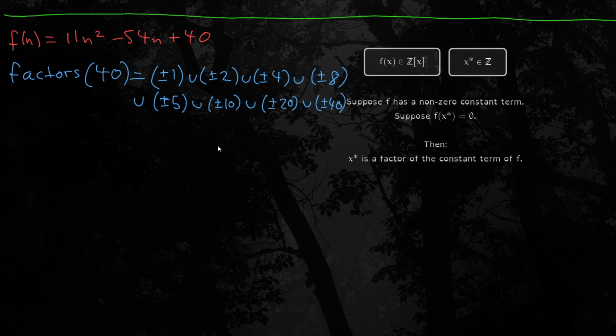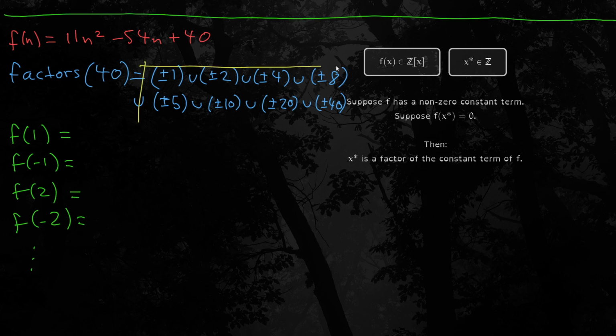And so if this f we're looking at has an integer root, it has to be one of these, right? So in principle, we could just compute f of 1, f of negative 1, f of 2, f of negative 2, and keep going through all the factors until we find our integer root.